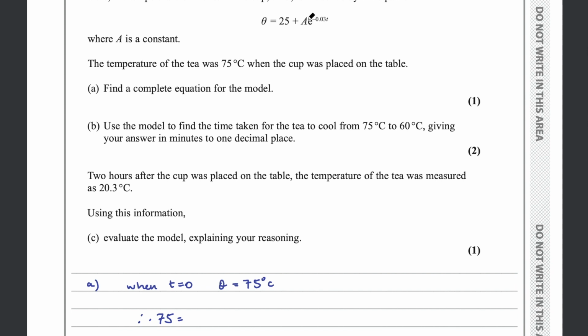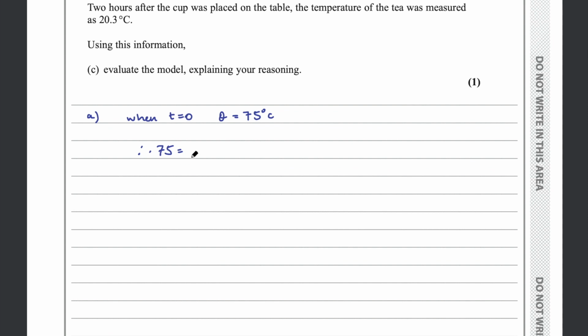So this part of the equation would just be a times 1, and we'll have 25 plus a. So 75 is going to be 25 plus a. So therefore a is going to equal 75 take 25, which will be 50. So therefore we can say theta equals 25 plus 50 e to the power of negative 0.03 t. So we have that complete equation.